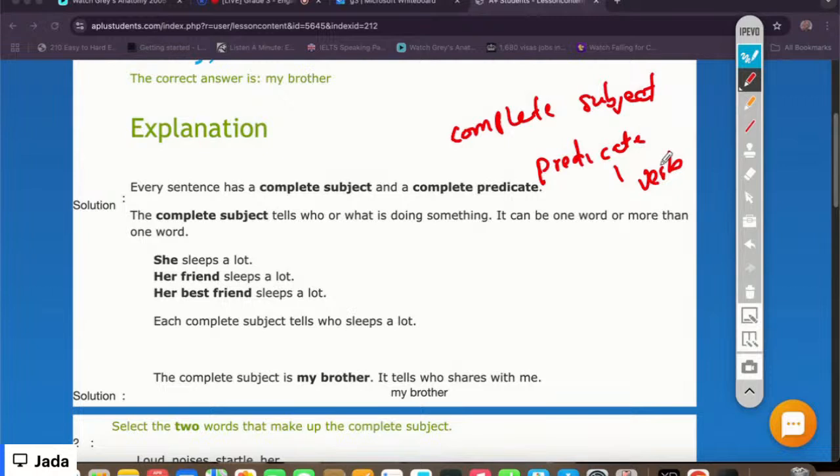Now, when we talk about the complete subject, it tells us who or what is doing something. Let's say we have a sentence and we want to know who is doing something in the sentence. It has to be through the complete subject that we will know who is doing something.